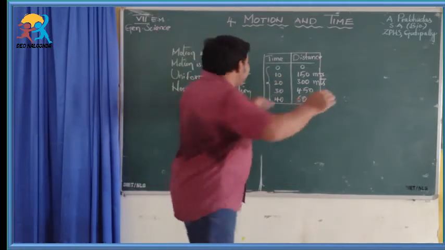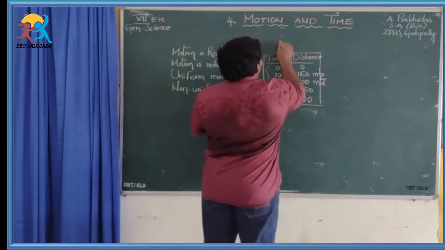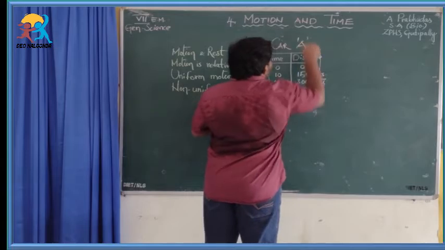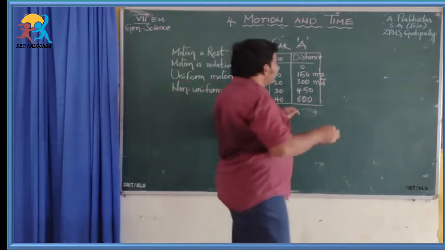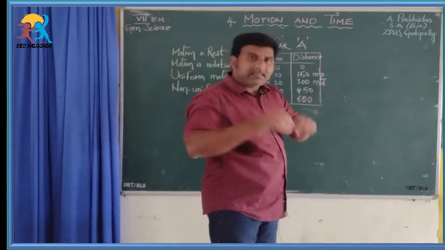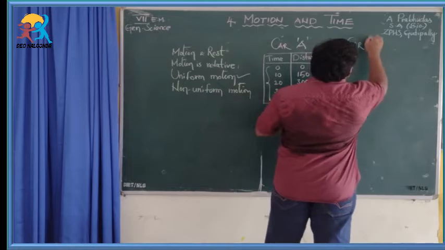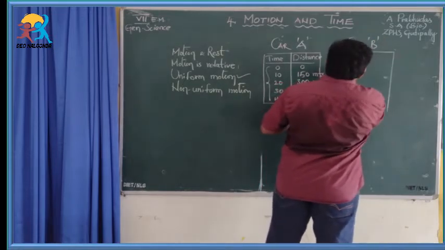For example, the data in this table is regarding the car A. So I am giving you the example of the distance travelled by another car called car B. So here I draw the table.